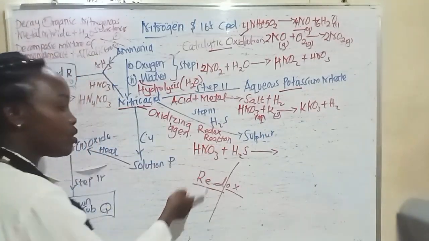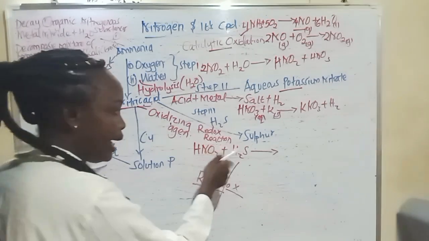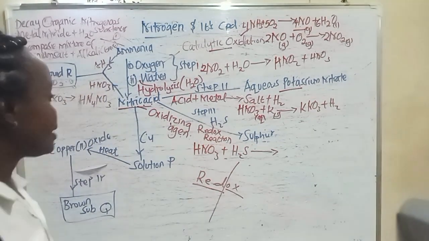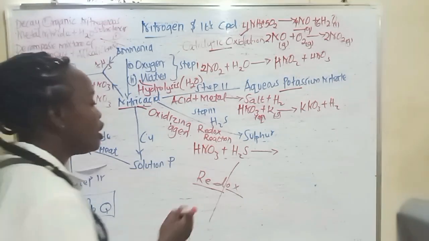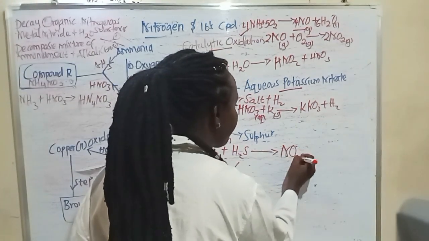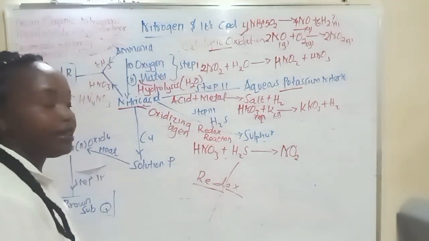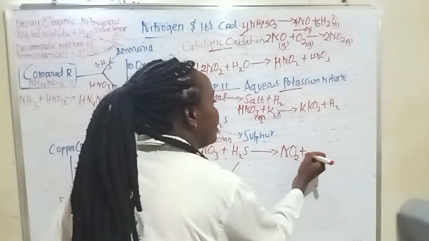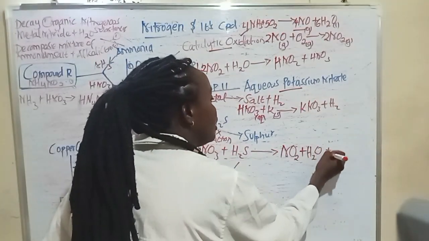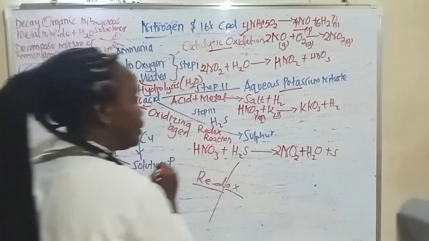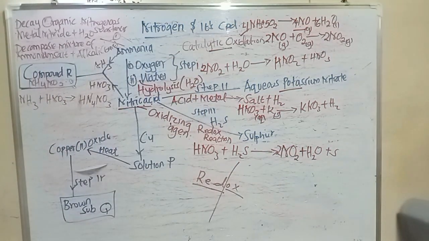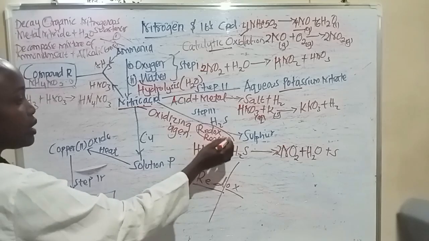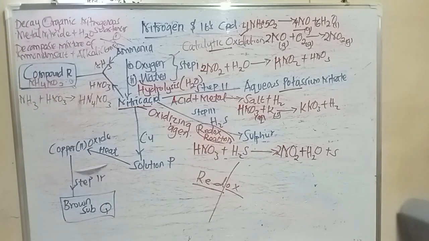The nitric acid is going to be reduced and the sulfur is going to be oxidized. In this case, hydrogen sulfide is oxidized. So the products are going to be nitrogen 4 oxide, plus water, plus sulfur. And you balance by putting a 2 there. So step 3 is a redox reaction, and it leads to the formation of that.